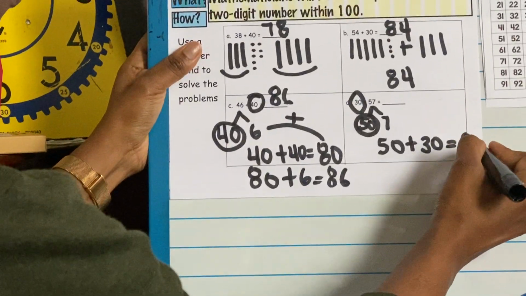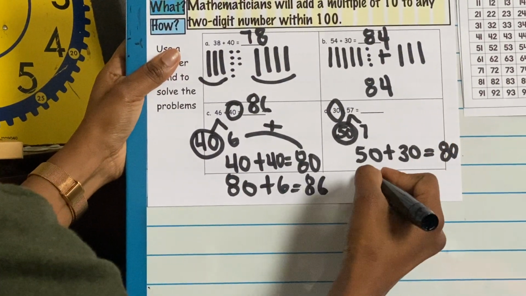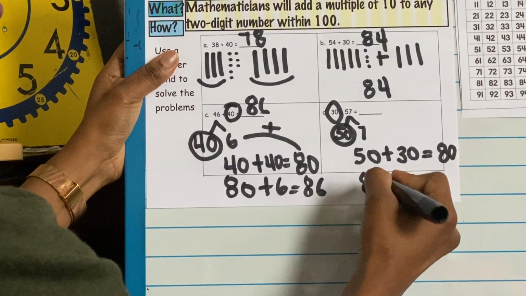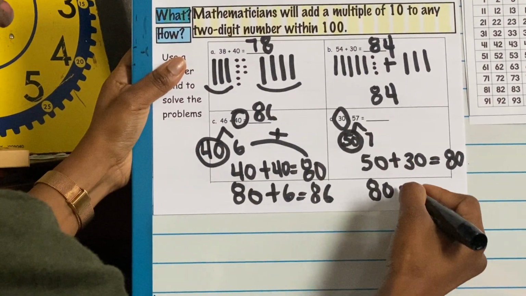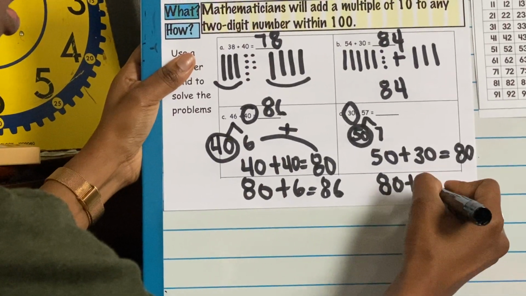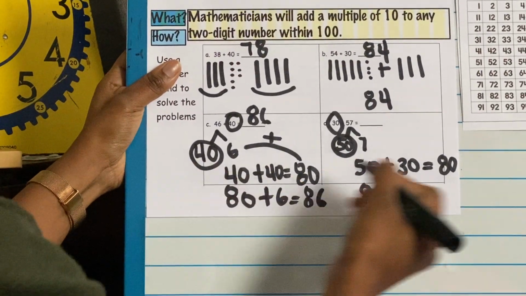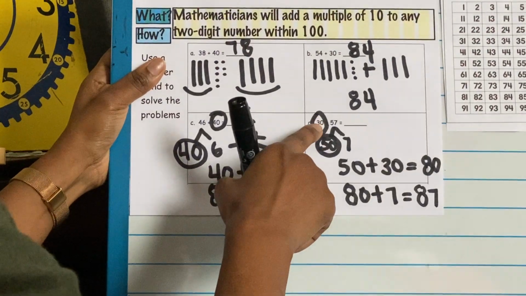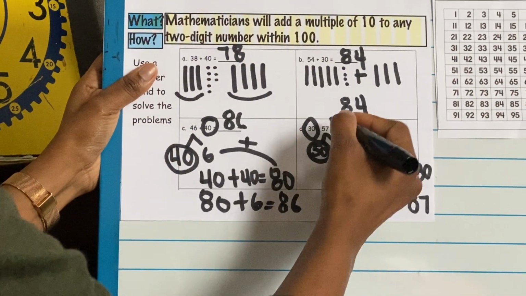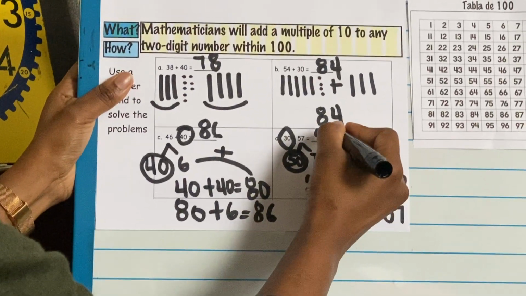Equals 80. Now 80, are we done? No, we're going to add it to the ones. 80 plus 7 equals 87. That means that 30 plus 57 equals 87.